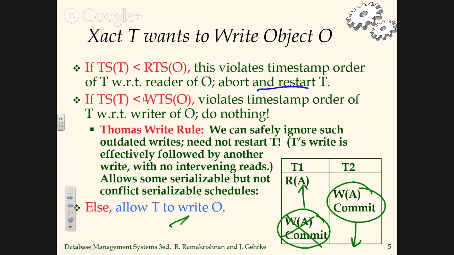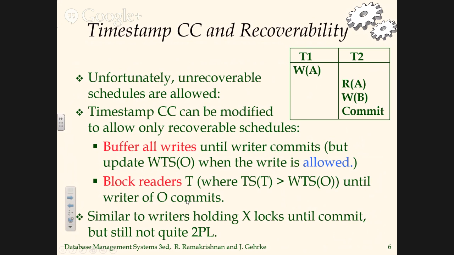And in that case, you just do nothing, because your write would effectively be overwritten anyway, and so you don't need to do anything. And then if you're the last thing to touch this, then you're allowed to proceed.